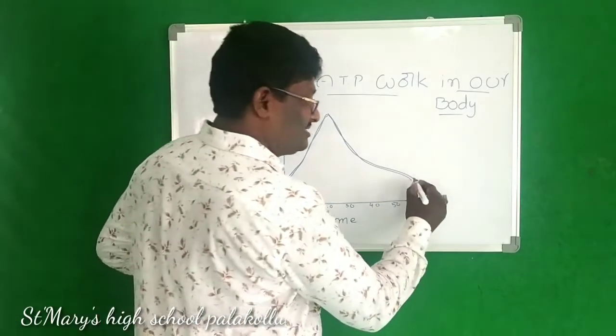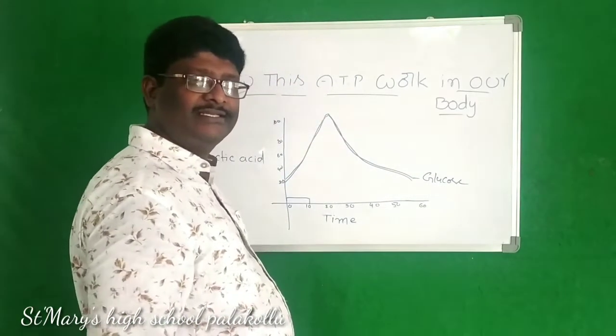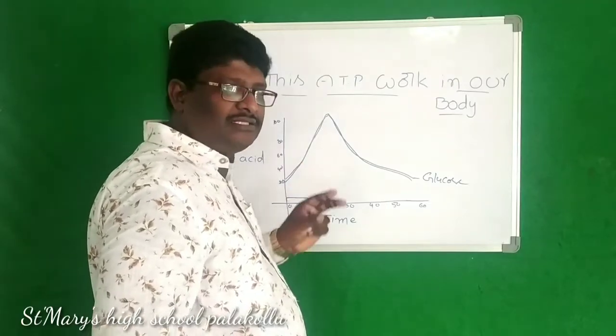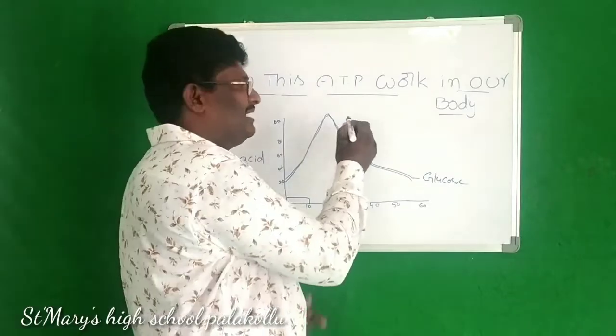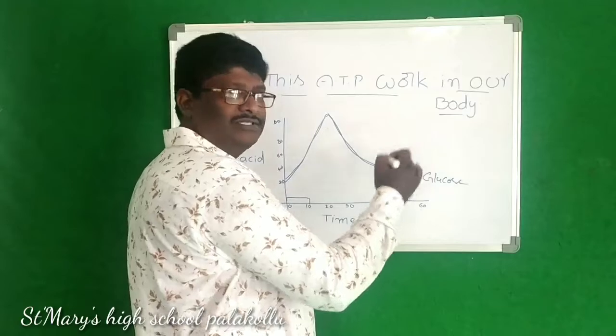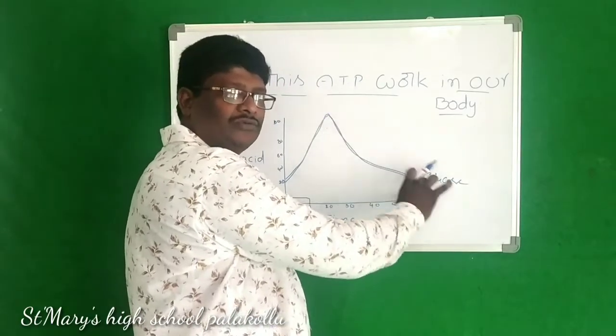It means it is converted into glucose. Why? Because after 9 minutes, the sufficient amount of oxygen has entered the cell. So this lactic acid is converted into glucose. It means the lactic acid goes down.